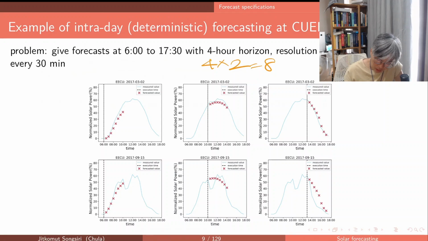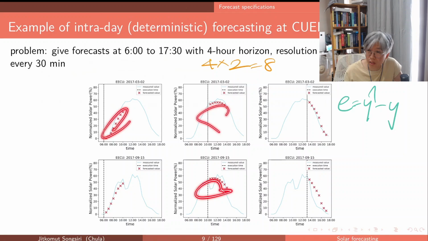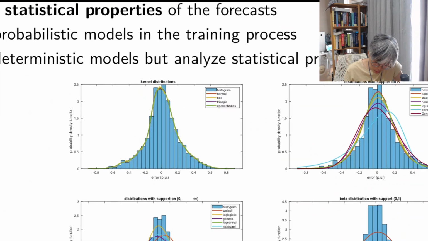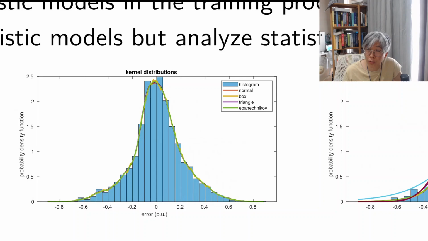Once you get the forecasting values, you can calculate the error, for example y hat minus y. Of course, your error is sometimes small, sometimes large, and then you try to analyze those forecast errors statistically.